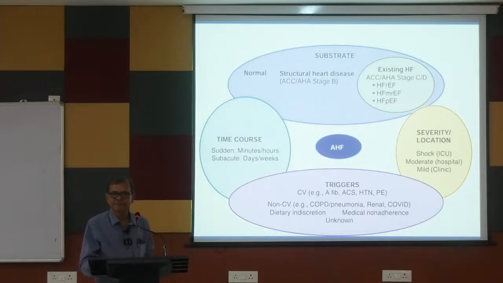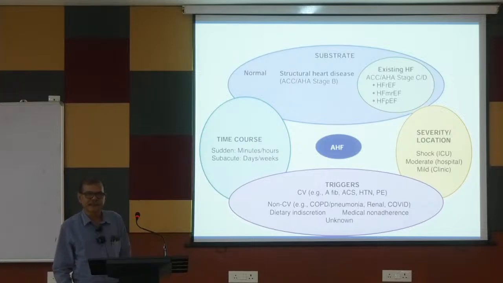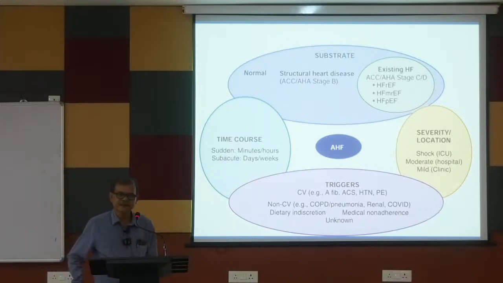As I said the other day, ejection fraction less than or equal to 40%. And what is heart failure with preserved ejection fraction? HFpEF, that means heart failure with preserved ejection fraction, where ejection fraction is more than or equal to 50%.